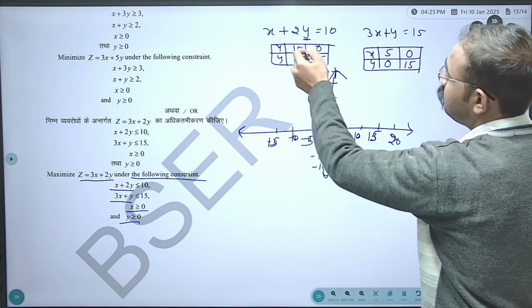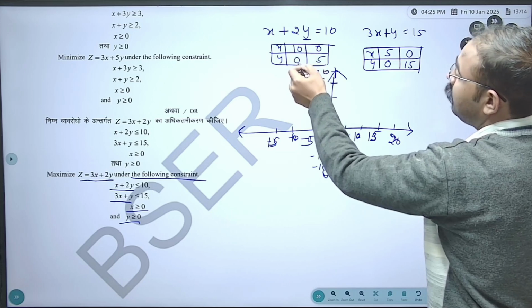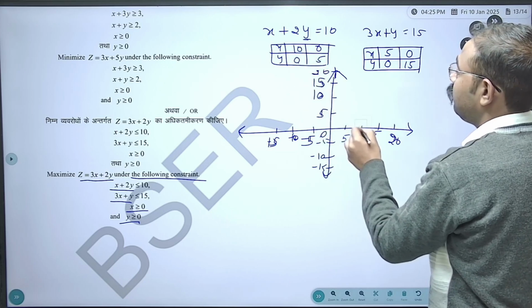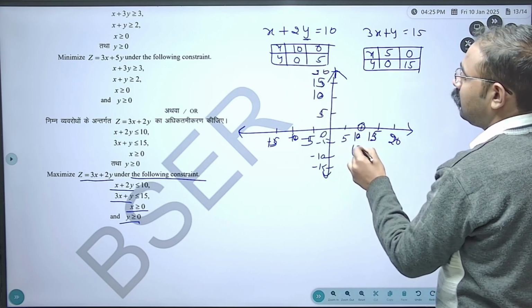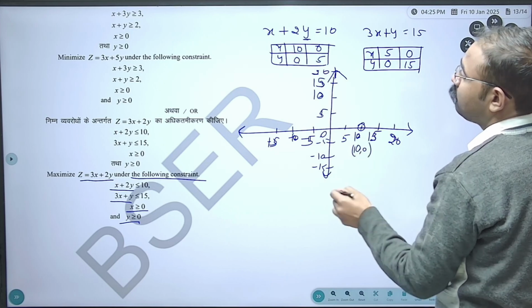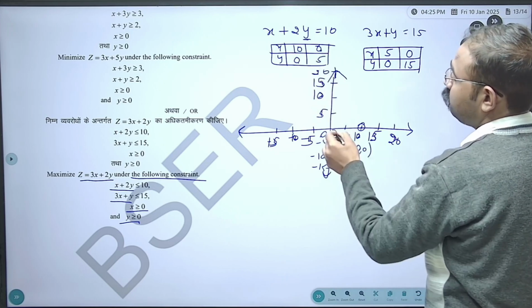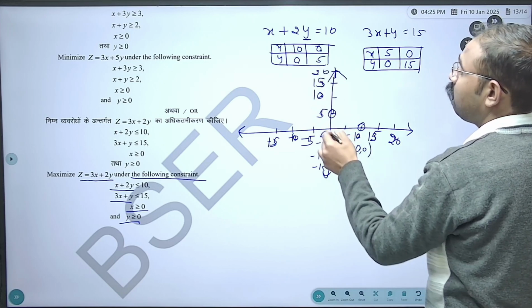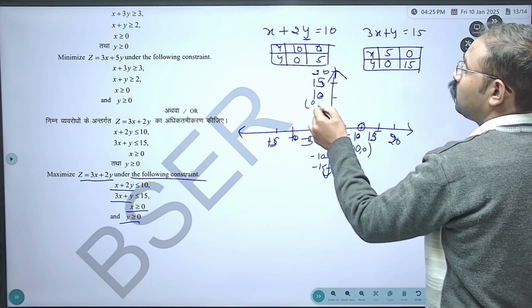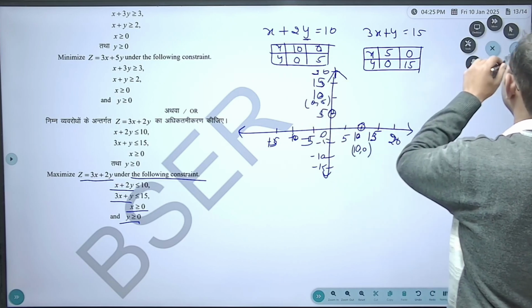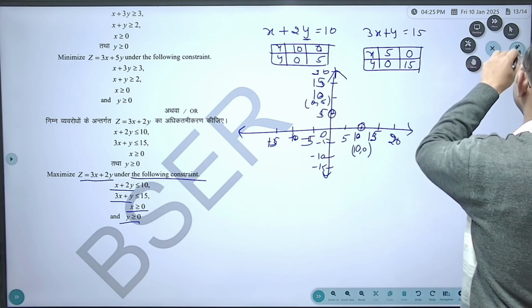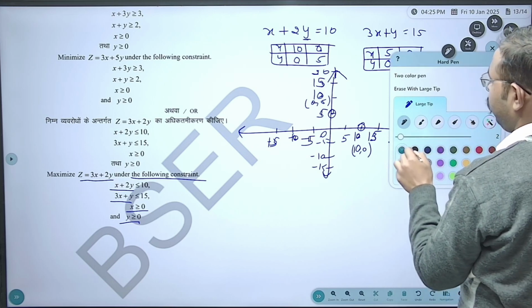This first point is, on x-axis we have 10 and on y-axis 0. This will be our point 10, 0. On x-axis we have 0 and on y-axis we have 5. This is 0, 5, our second point. So I am changing the color of my pen.